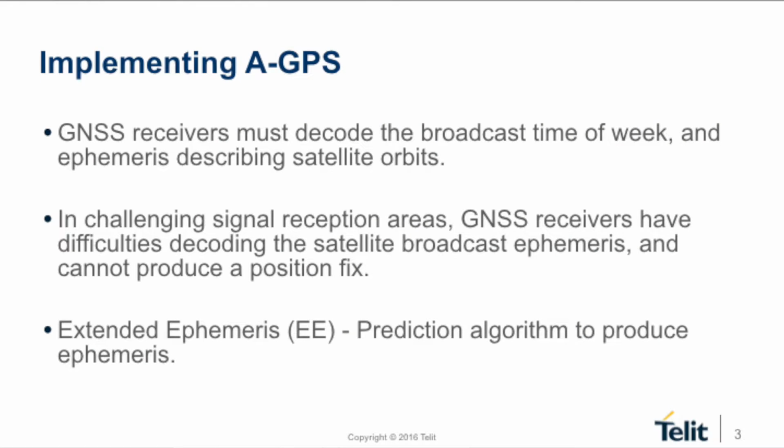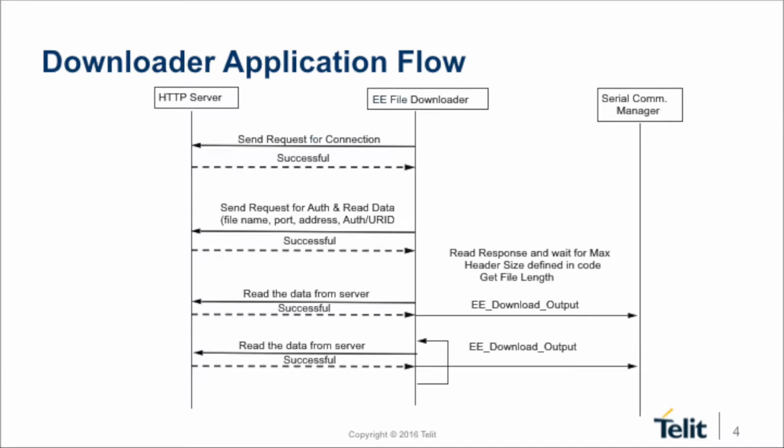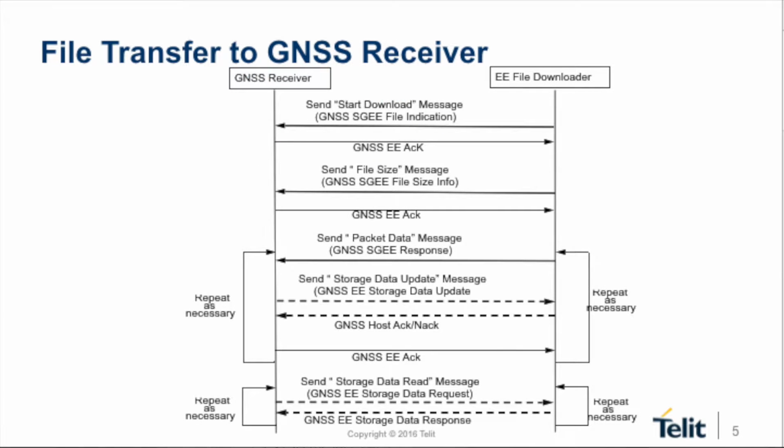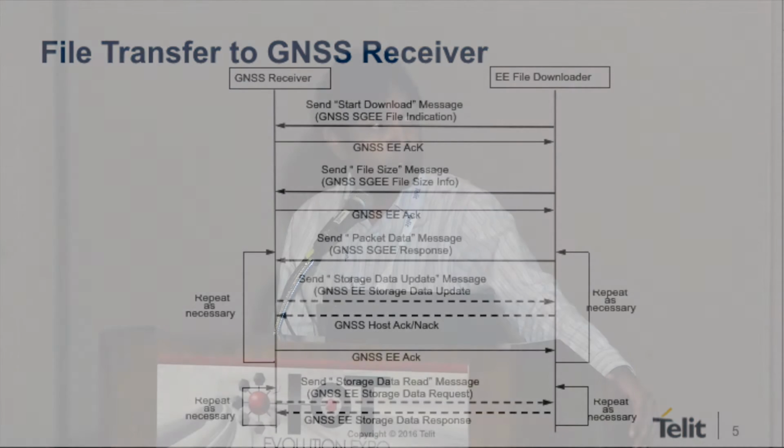Implementing this requires an internet connection, so you have your application processor. This code will have to be implemented in your application processor, where it goes and requests the extended ephemeris from a server, downloads the data, then this has to be error checked and stored onto your host, either on the RAM or downloaded directly to the module.